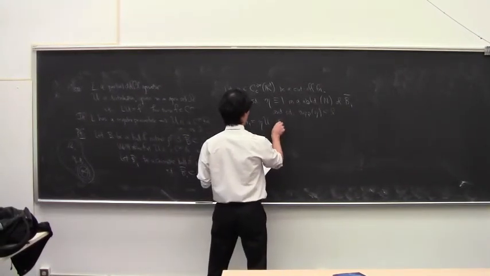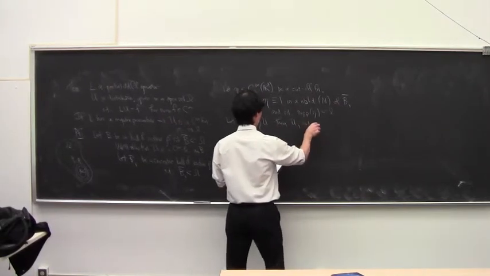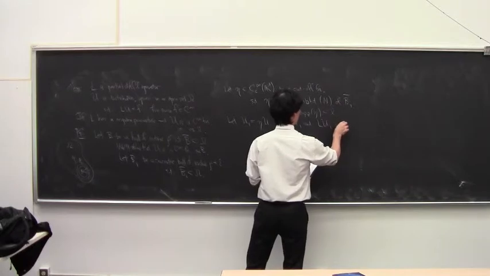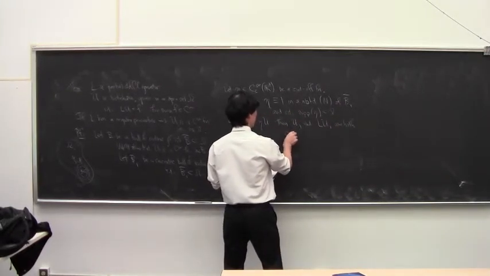Then u1 and Lu1 are both compactly supported distributions.